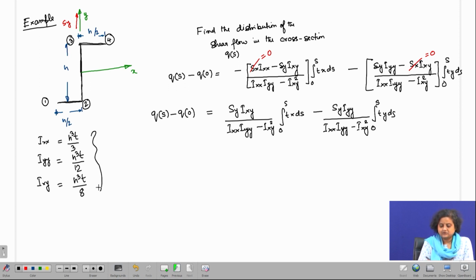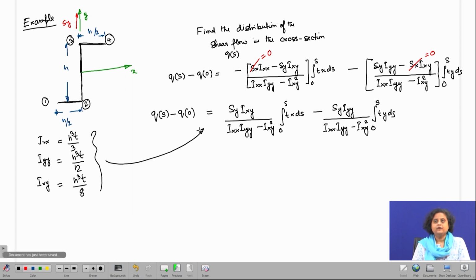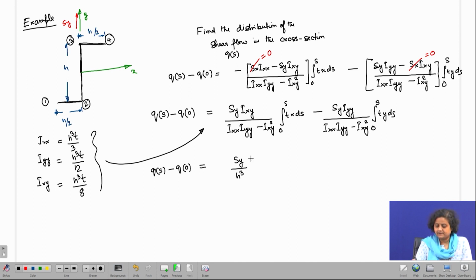Now, if these expressions are substituted in this expression, then we get Qs minus Q0 to be equal to Sy by h cube, integral from 0 to s of (10.32 x minus 6.84 y) ds.